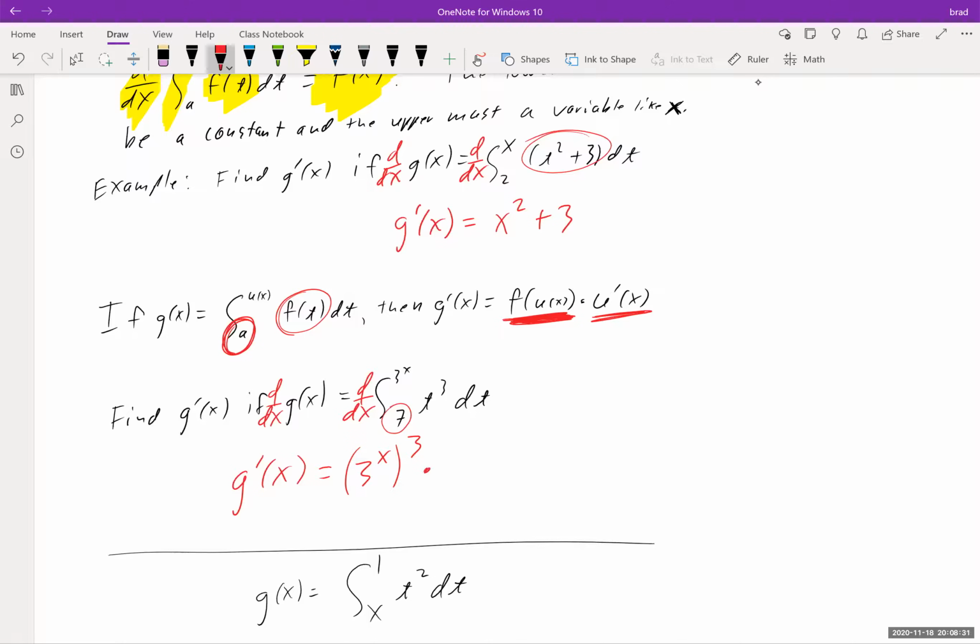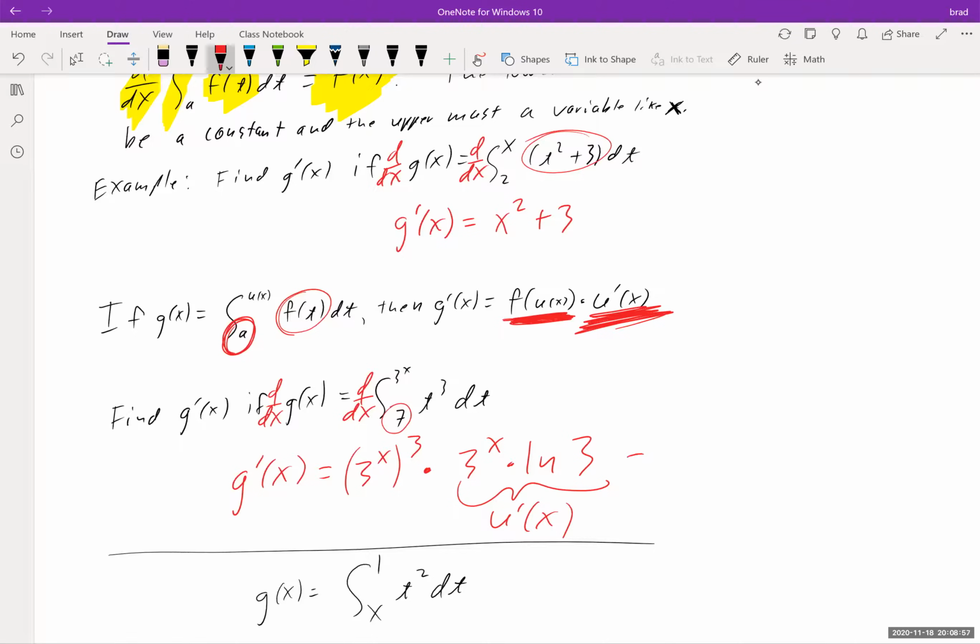However, I then have to take the derivative of the inner function, my u prime right here. Now, what's the derivative of 3 to the x? That's one of the ugly ones. That's not the normal nice e to the x one. So this will be 3 to the x, but then you have to multiply by the ln of 3. So this is my u prime of x, okay?